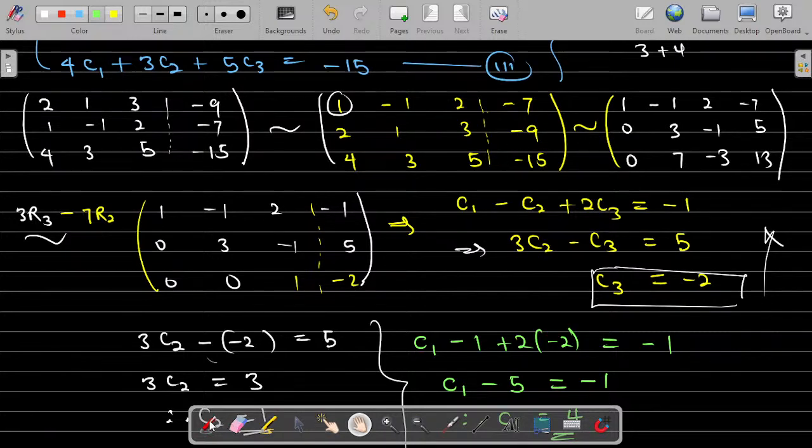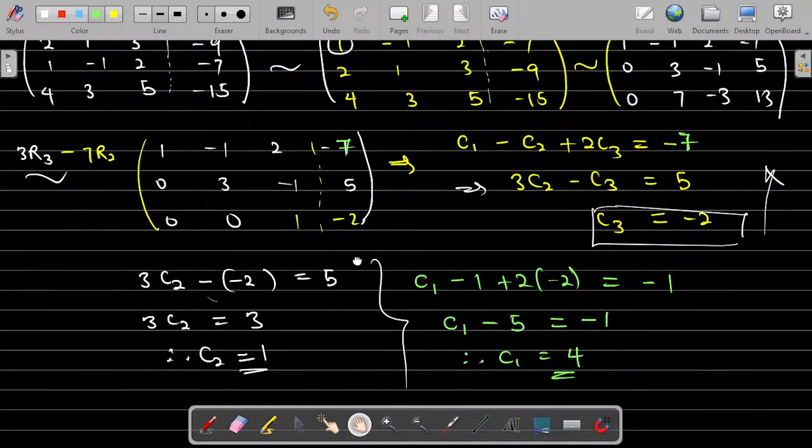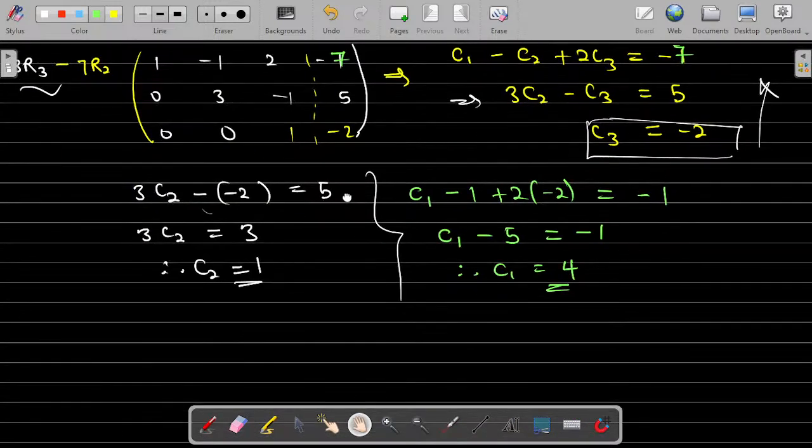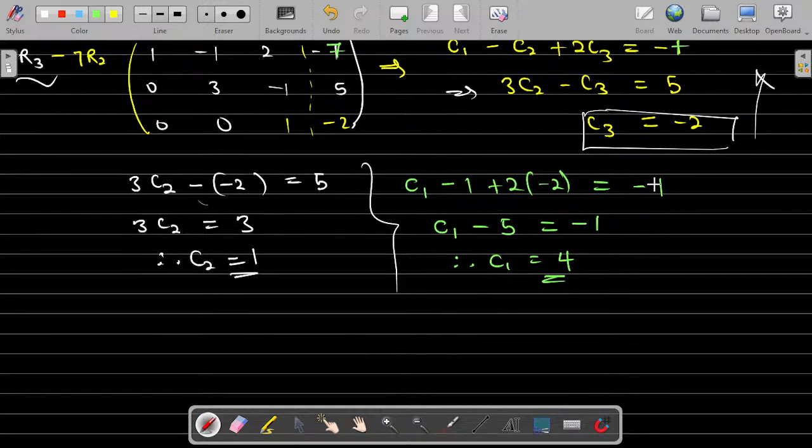Oh my god, remember your equation 1 was not changed at any point, so this was minus 7 here, so it should have remained minus 7. Okay, that's a mistake, sorry about that. So our equation 1 constant should remain minus 7 and not minus 1.